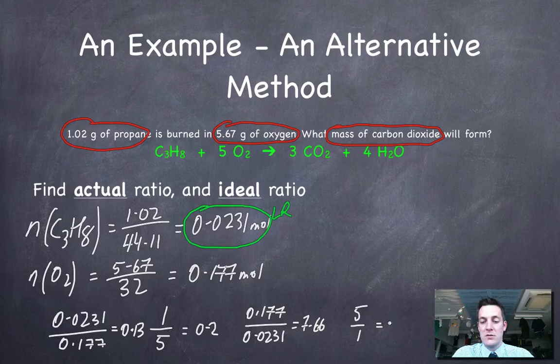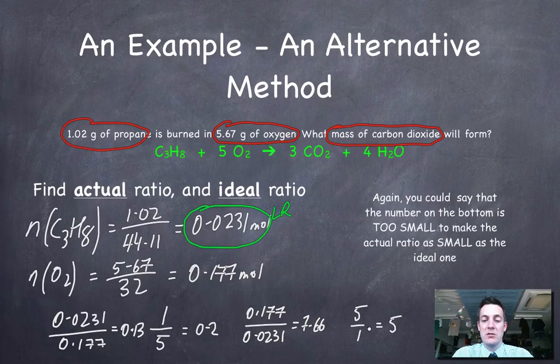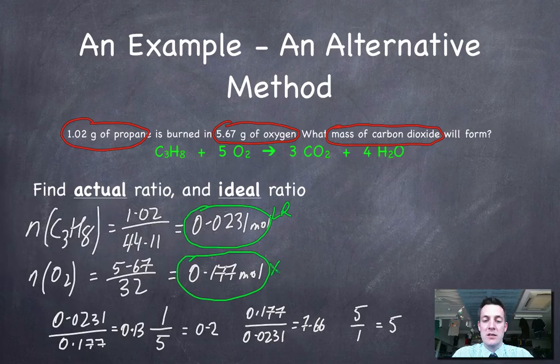This number here is obviously equal to 5. So the actual ratio is greater than the ideal ratio. So this number here is bigger than it needs to be to get to the ideal ratio. So there's more oxygen than there needs to be. It is the excess. And it doesn't matter which way round I put those numbers, as long as I'm consistent, I should get exactly the same answer.